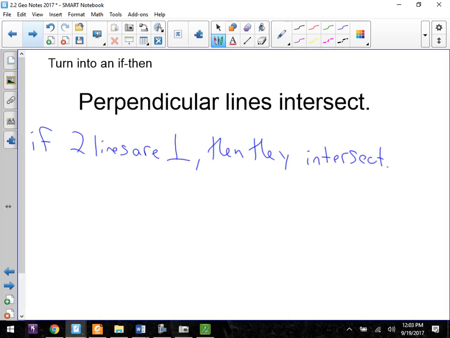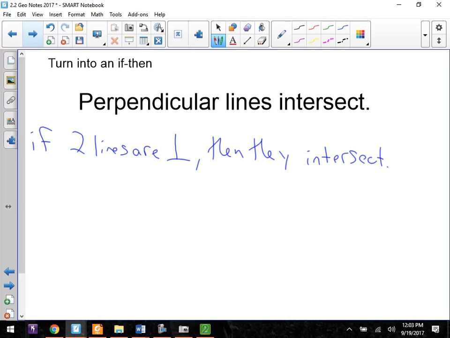What's your hypothesis? And what's the conclusion? Is that true or false? True. By definition, perpendicular lines intersect and they create what? They create 90-degree angles.